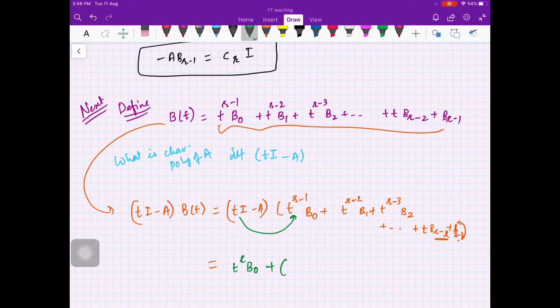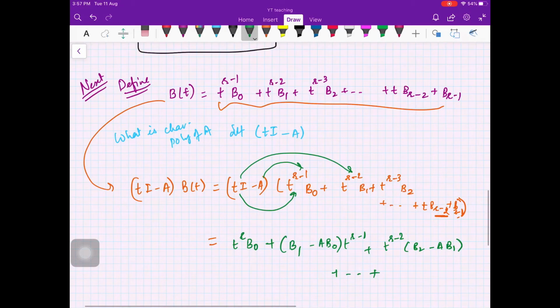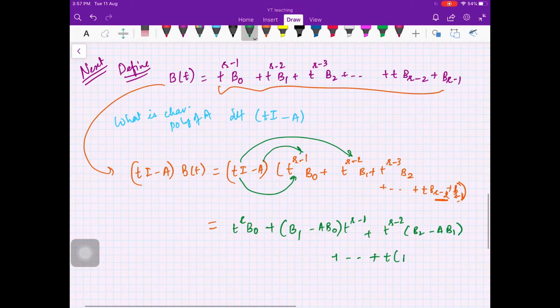The first coefficient will be from here, that will be B1, and then the second coefficient will be from here, minus A B0, into T raised to power R minus 1. Similarly you compute the coefficient of T raised to R minus 2, that is B2 minus AB1, and so on. At the end you compute the coefficient of T, that will be BR minus 1 minus ABR minus 2, plus the last constant term you will get is minus ABR minus 1.